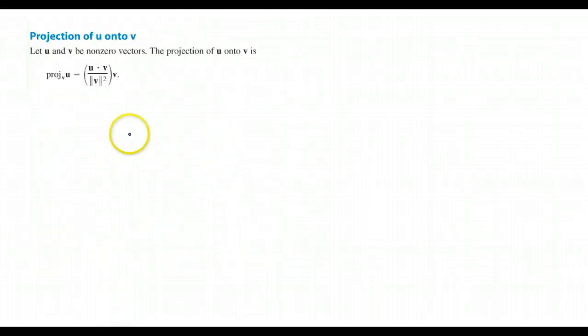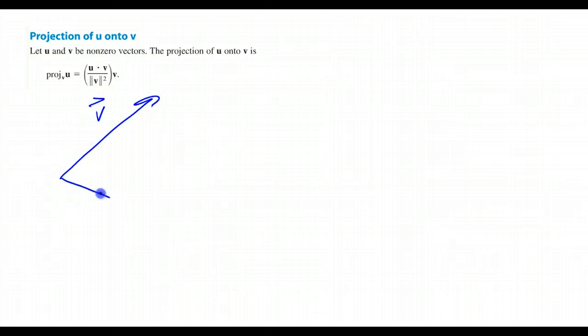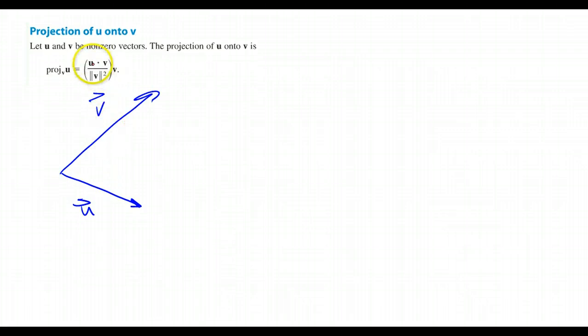Well, what if v isn't horizontal like in the previous example I showed? What if I've got vector v like that and vector u like that? Well, the projection of u onto v is given by u dot v over the magnitude of v squared times vector v.